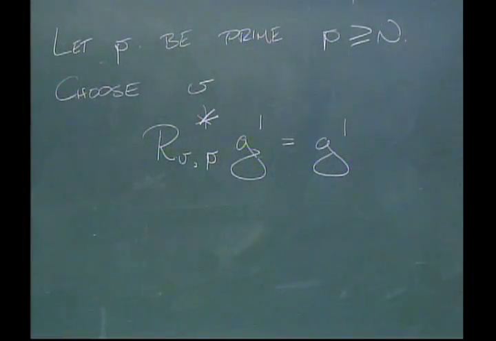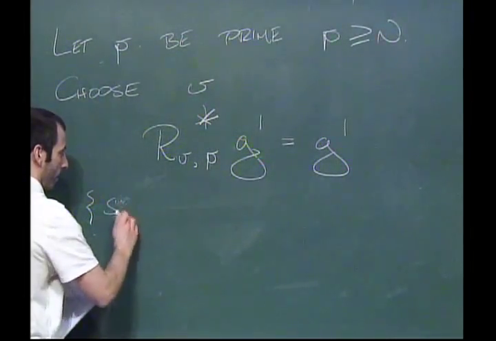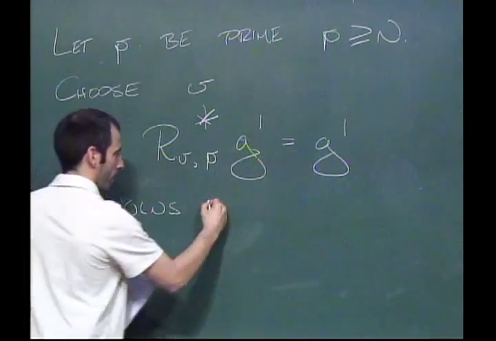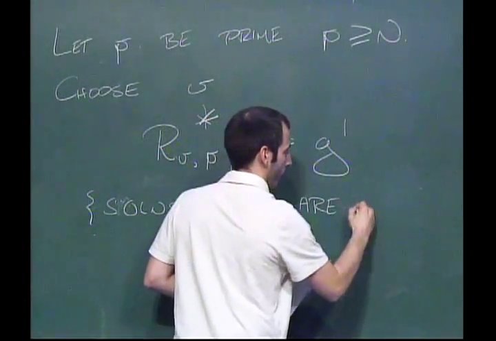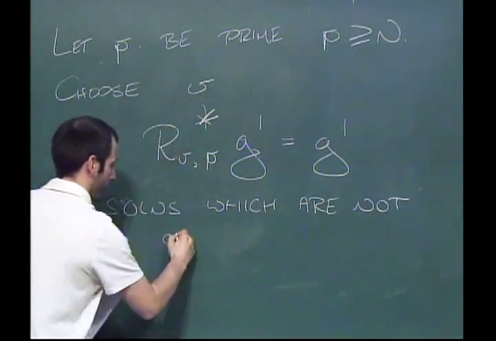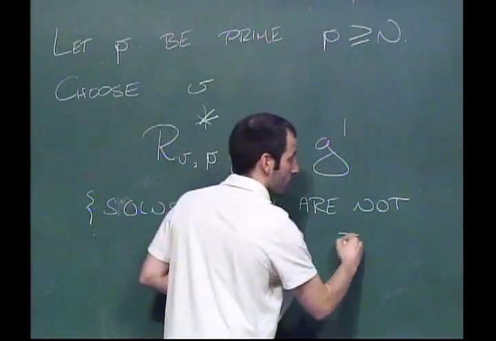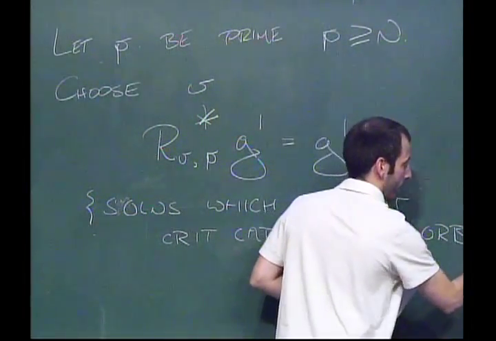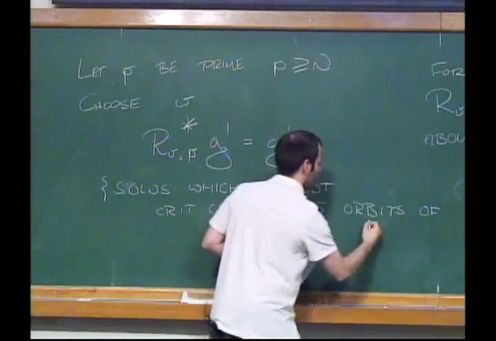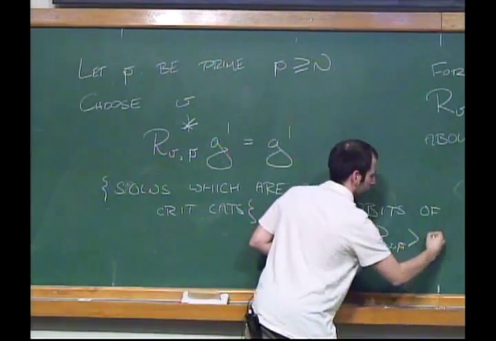The space of solutions which are not catenoids actually breaks up into a space of orbits of the group generated by R_{v,p}.